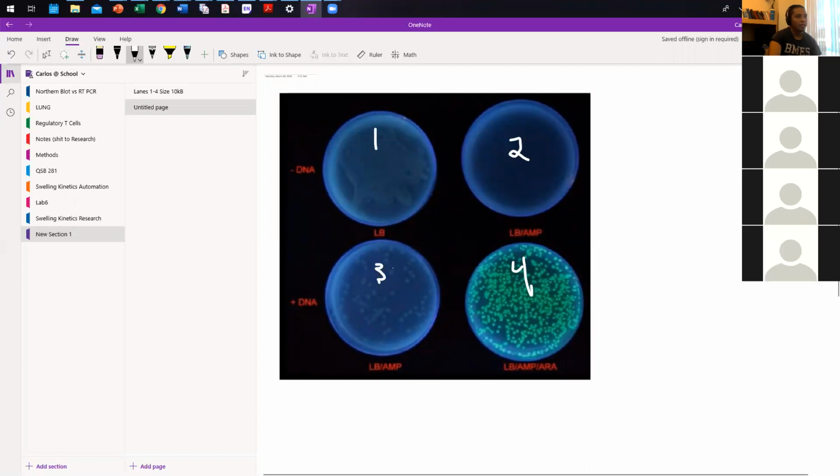Oh yeah, so that's the difference between lawn growth, like in the video, and the actual image we're looking at. Number 1 is more flattened, and number 3, where it's LB and AMP, has more dots, as if growing. That's due to the ampicillin.